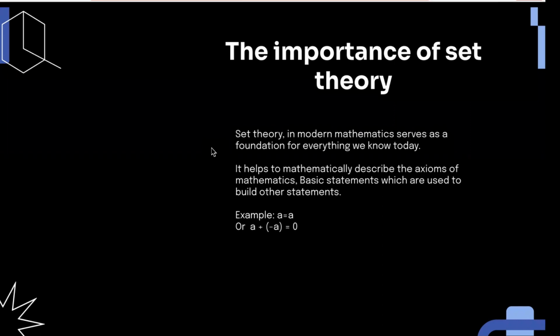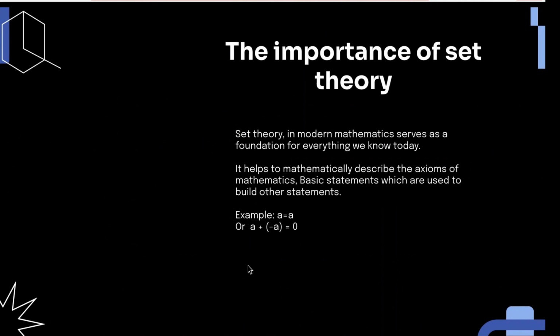Now, these axioms are really basic statements, stuff which you could think of out of thin air, and you just know they're true. It makes sense for them to be true.